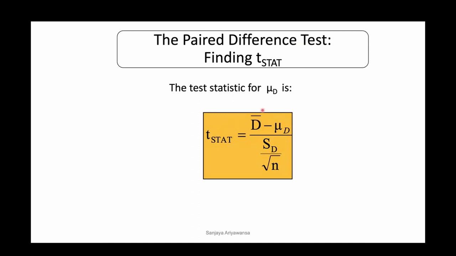D bar is the sample statistic for mu d, right? And you've calculated d bar and SD, based on which you can calculate your t statistic. What is the degrees of freedom here? In this case also, the degrees of freedom is sample size minus 1. So it's easy to remember.